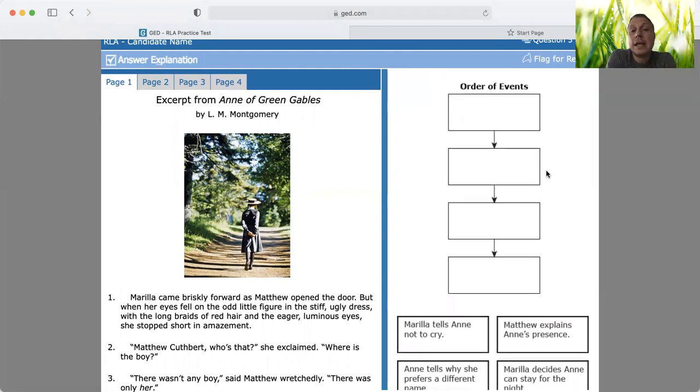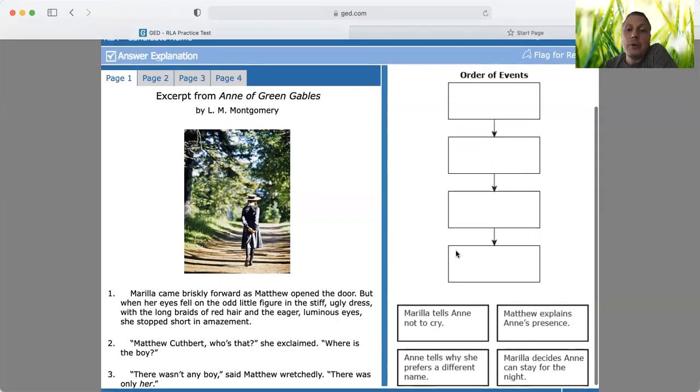Interesting because on those hotspot questions, if we don't have the order exactly the way they want it, we do not have any credit given to us in the exam. So it's either perfectly set up or we get 0 points from this. It counts the same as every other question. So let's see, order of events.